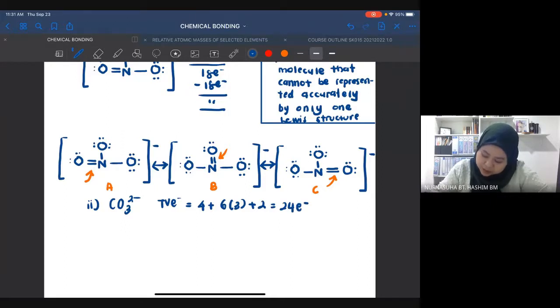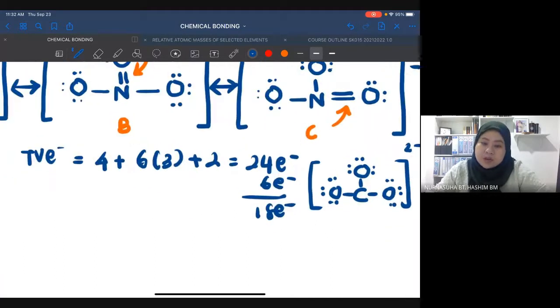Okay, so carbon in the middle. Okay, madam tulis kat sini, carbon in the middle surrounded by 3 oxygen. 2 minus, 1, 2, 3, 6 electron, 18. Oh, basically sama macam case tadi lah.